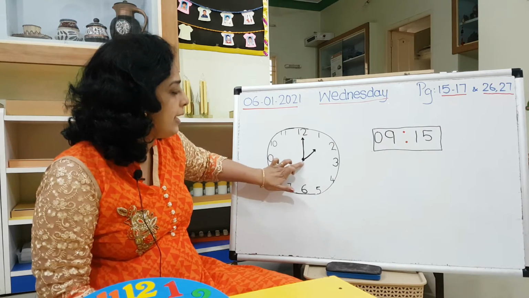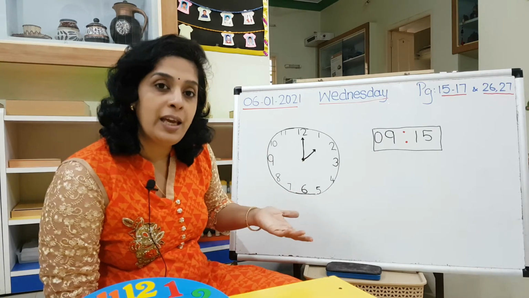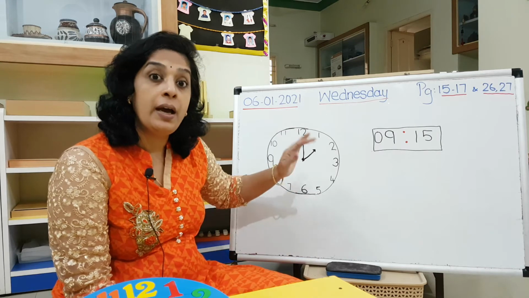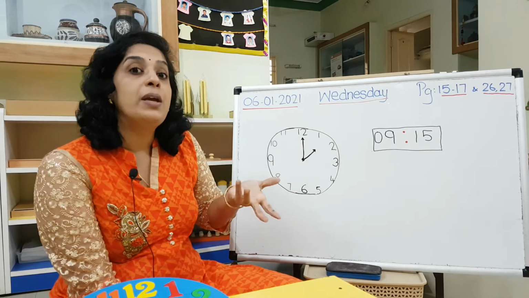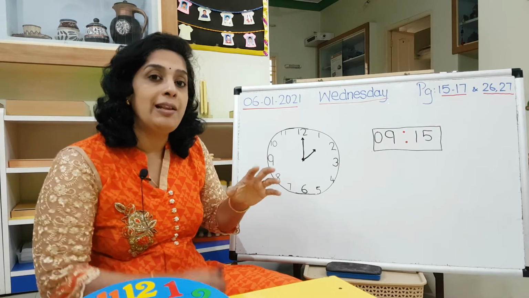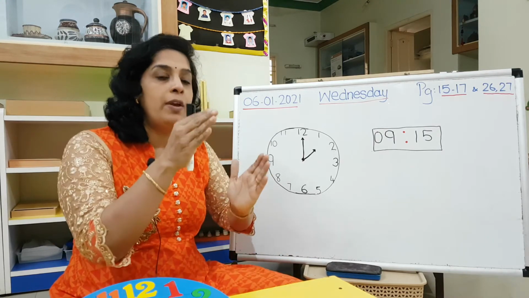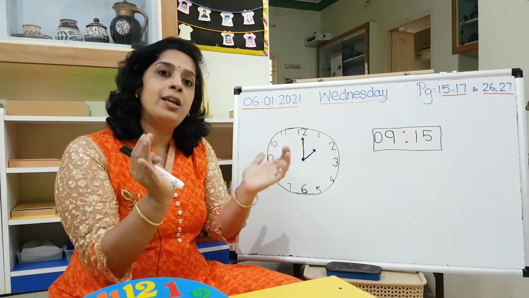It may not be there, but it will be still ticking behind, because behind this dial, behind this face of the clock, there will be a machine made up of cog wheels. They will be moving, they will be going in circles. One wheel will move another wheel will move another wheel. Like that, they are all connected wheels.